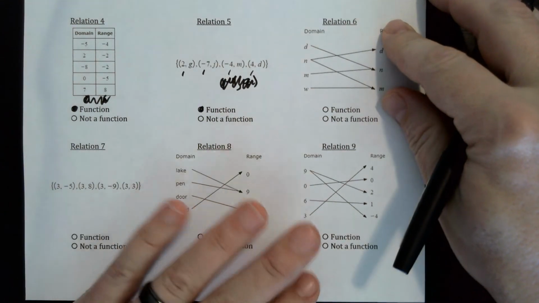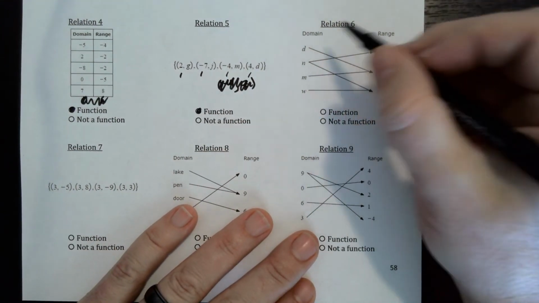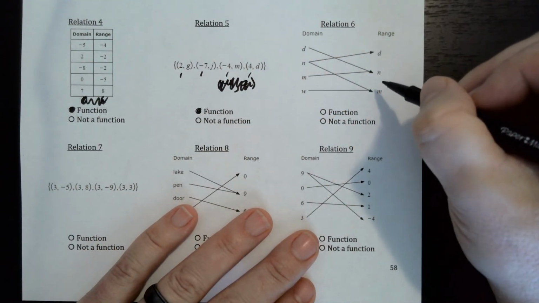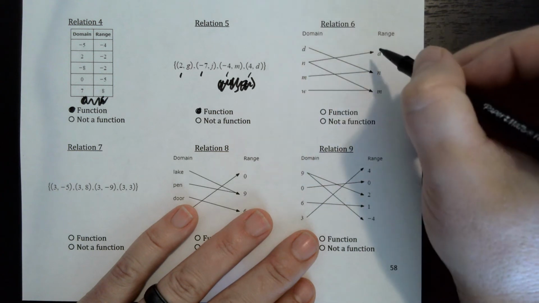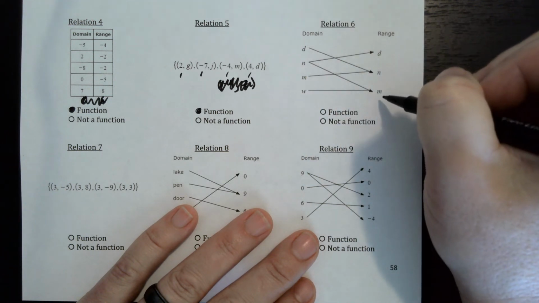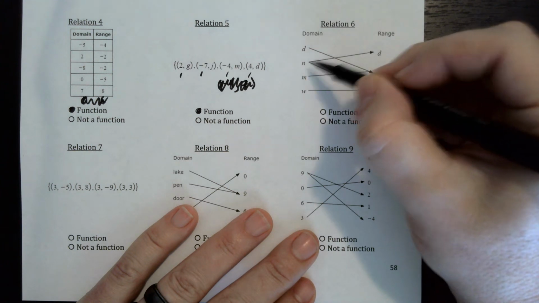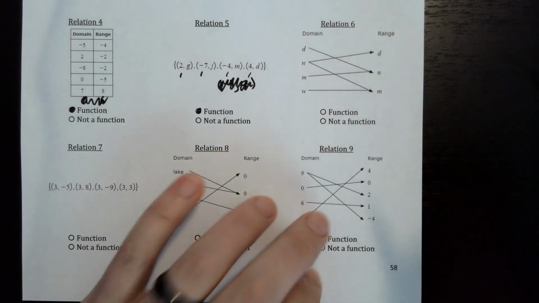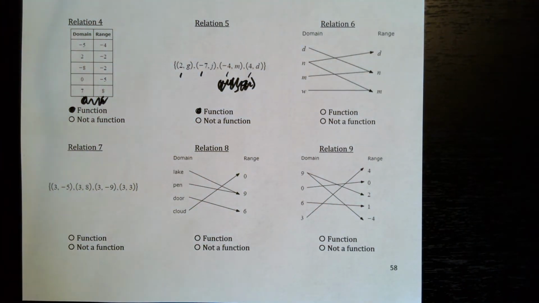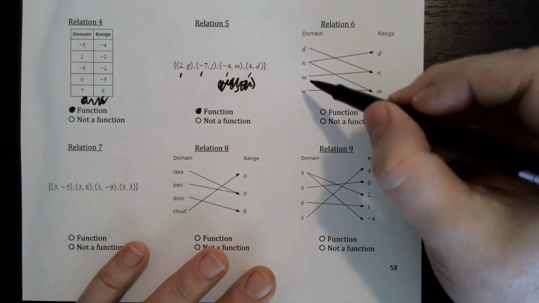Okay, let's look at relation 6. So D goes to N, that's good. N goes to D and M. So we have the same domain value going to two different range values, which is a problem. Okay, so everything else is fine.